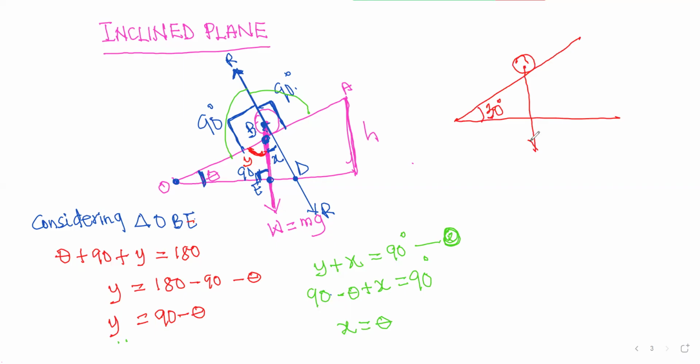This is the weight of the body, W. The reactional force, which is always perpendicular to the surface, is here, R. When you extend the reaction, the angle between the weight and the reactional force extended in the opposite direction must also always be equal to the angle of tilt. So if the inclined plane is tilted by an angle 30, the angle between weight and the reaction must also be 30. That is what it means.